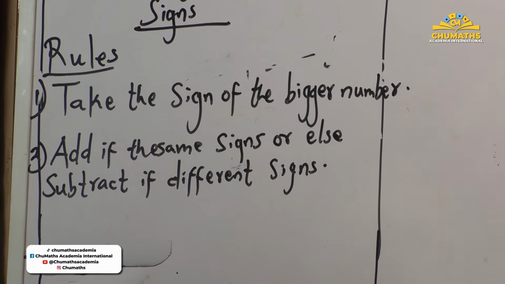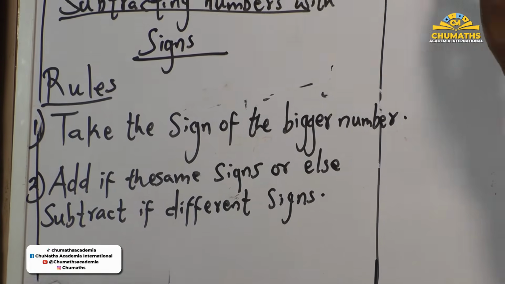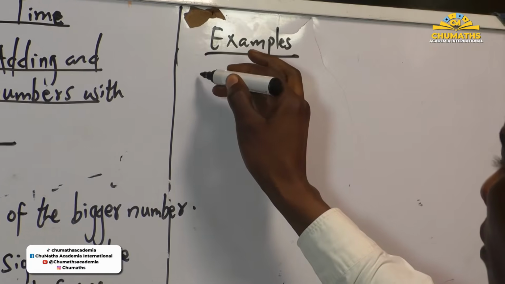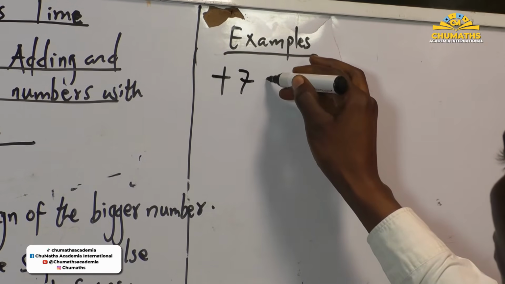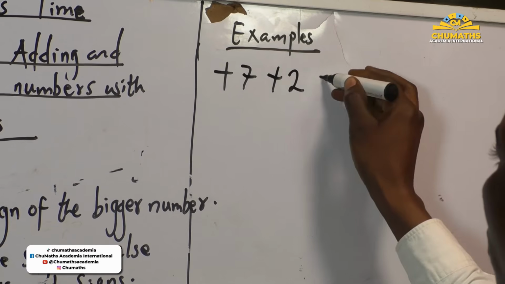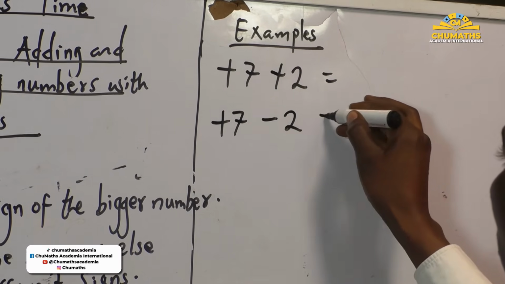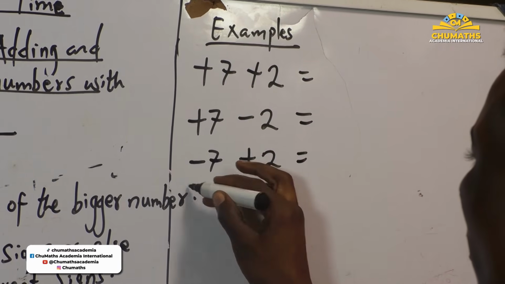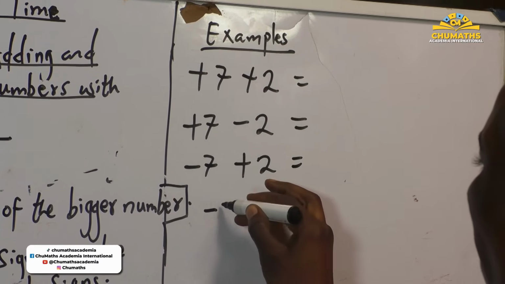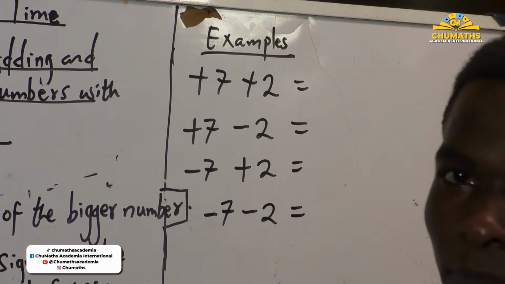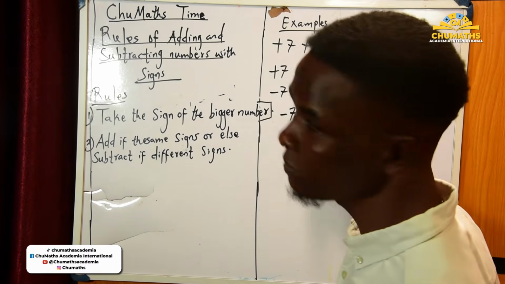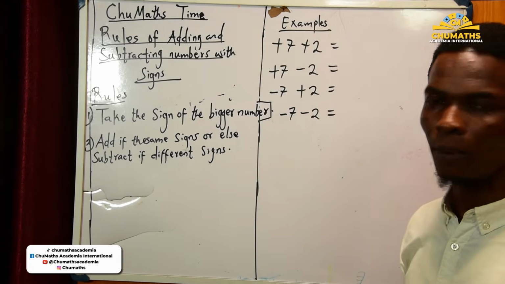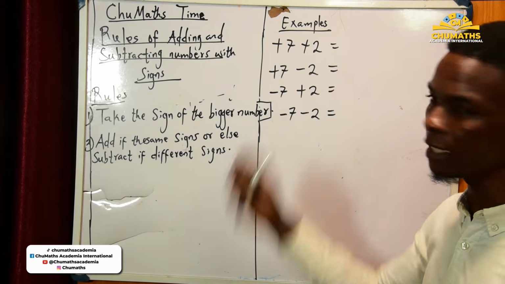So, for example, if you have numbers like this, many people find it difficult to simplify this, and it will give us different answers, but we are going to follow these rules to get the answers.